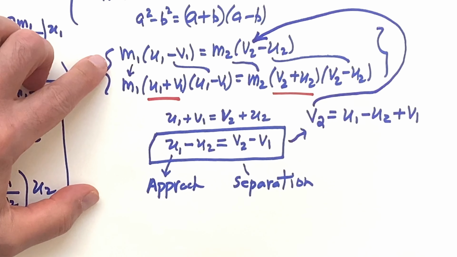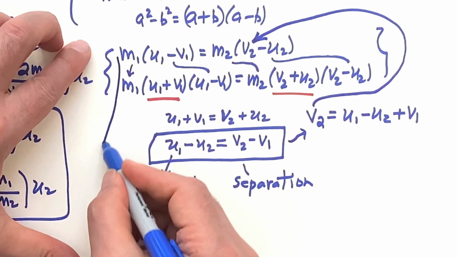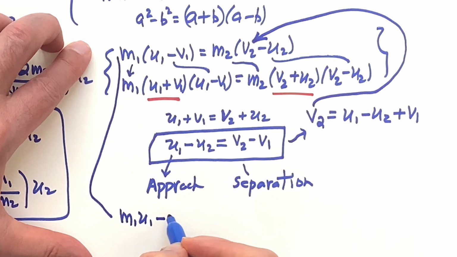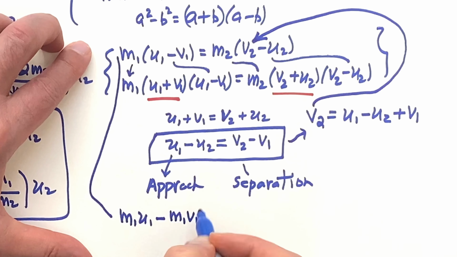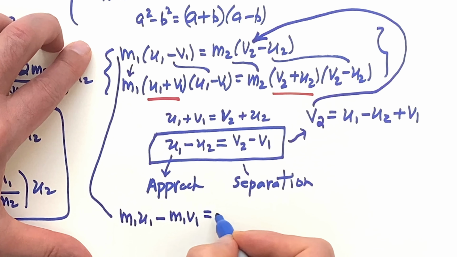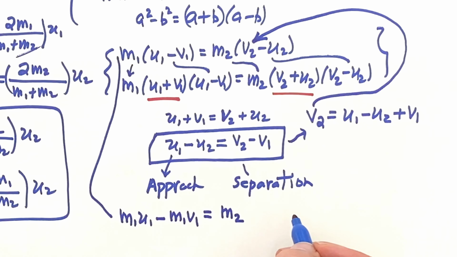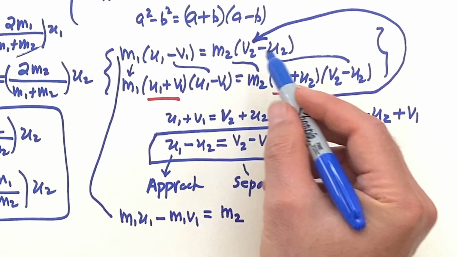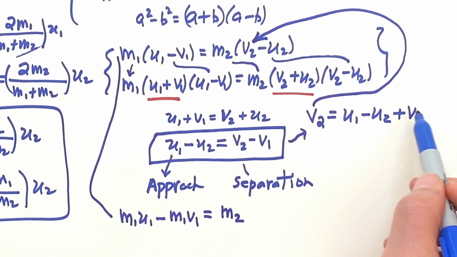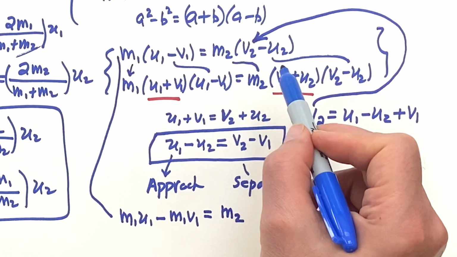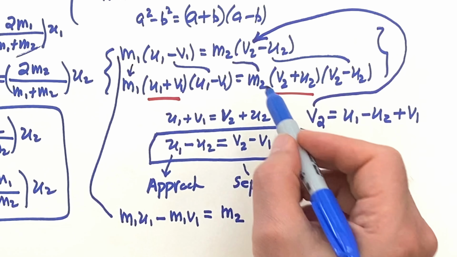So if we do that, this equation here becomes M1 U1 minus M1 V1, and that's going to be equal to M2 times, and here this M2 is going to be hitting this first, and then minus M2 U2. So let's do that.